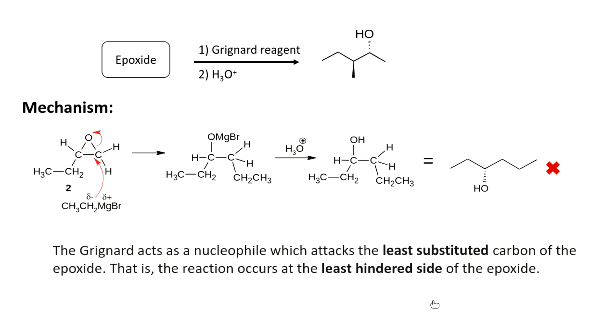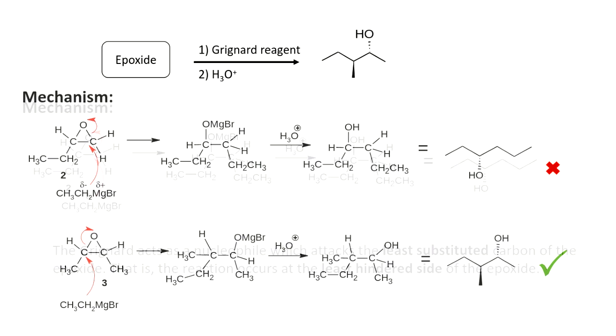So let us try using the other epoxide. This epoxide is symmetrical, doesn't matter which side the Grignard attacks. So the nucleophile comes in, the CO bond breaks, we have our OMgBr, we have oxygen being protonated with the acid, and then we have the alcohol being formed. And so I've redrawn the structure using the line diagram, and you can see that this epoxide will give the desired product.